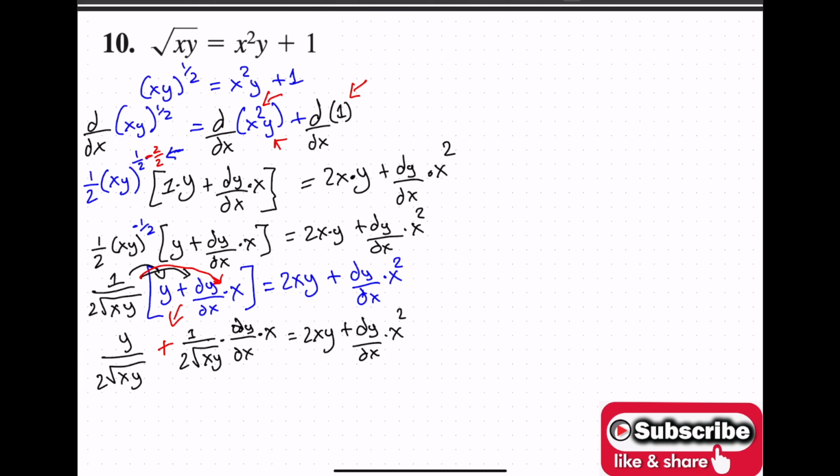I see that I have a dy/dx here. I have another one here. So I need to combine those two. So let's try to move this term over to the right hand side. So I need to subtract 1/2 square root of xy times dy/dx times x.